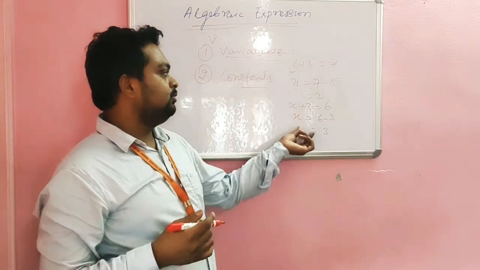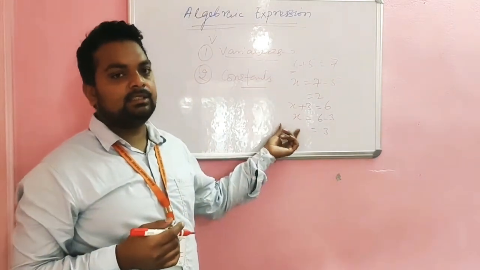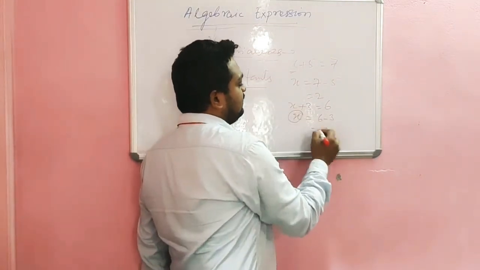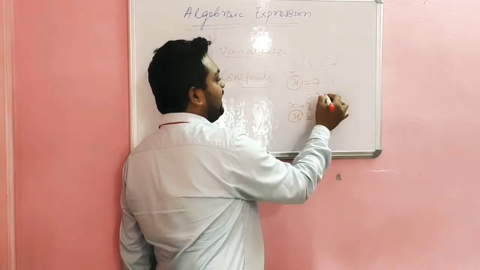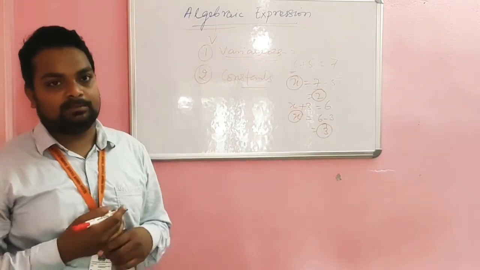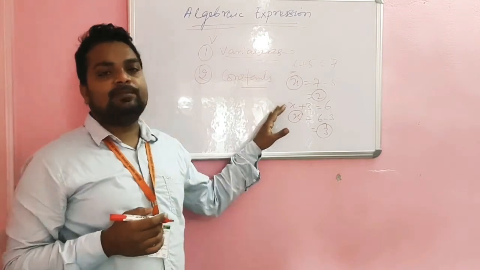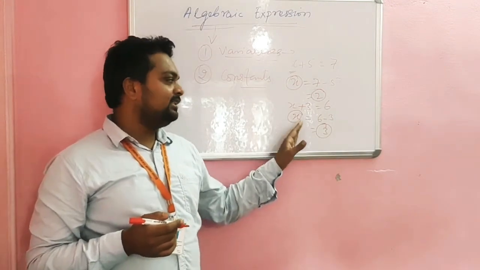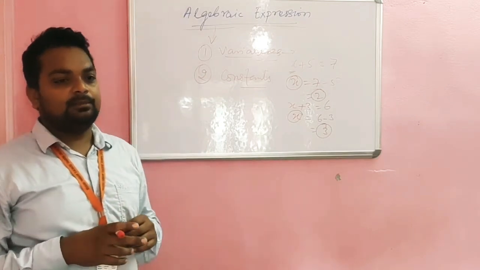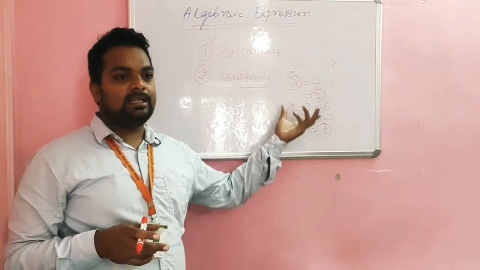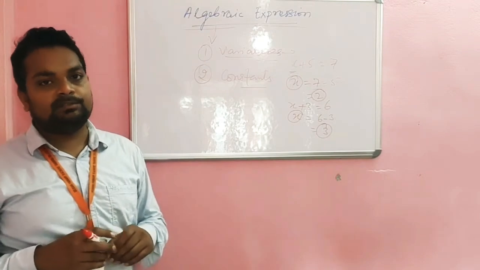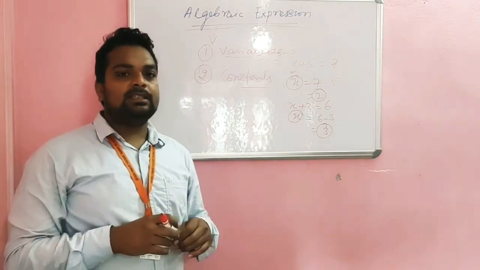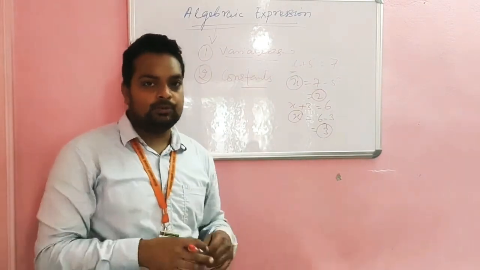Okay, so can you identify the change? The value of x here is 3, and for the same x we have 2 in the first expression. So x can take different values at different times. Here we have x is equal to 2, and in this we have x is equal to 3. So for other cases also we can give any value to x.